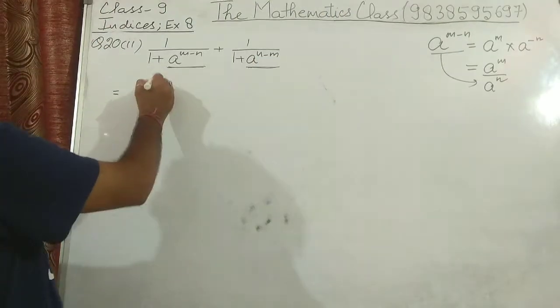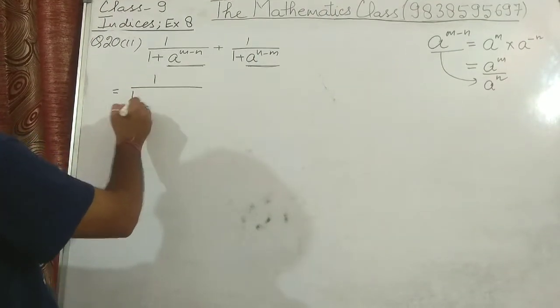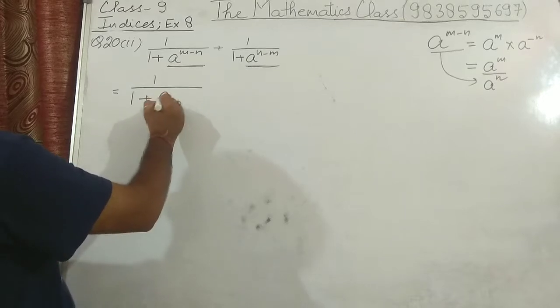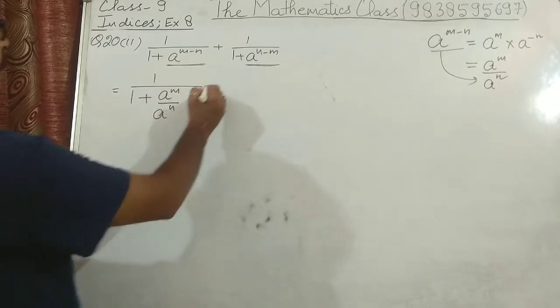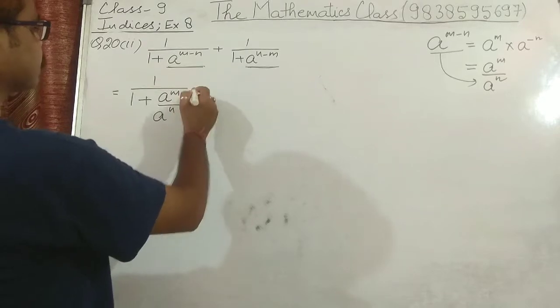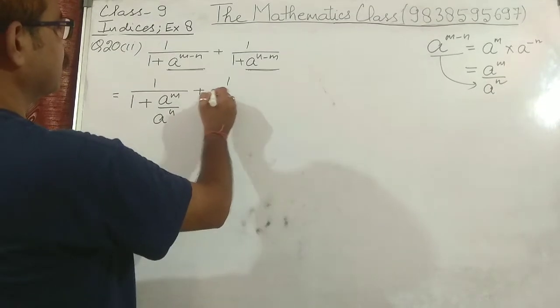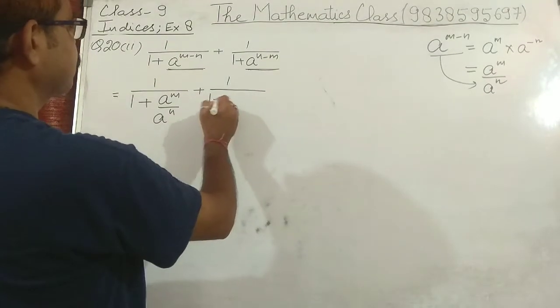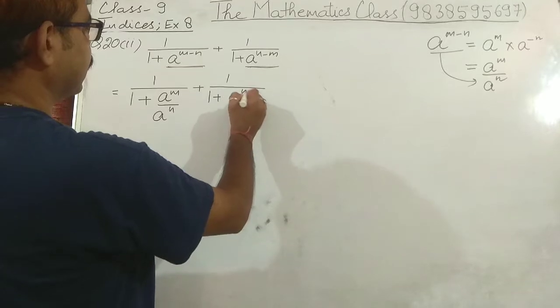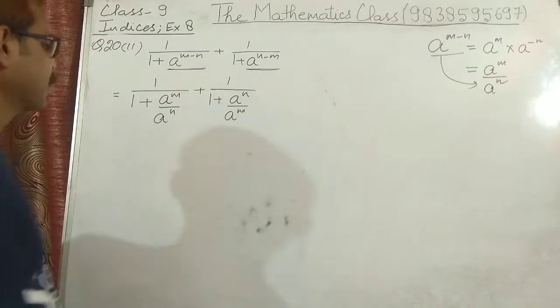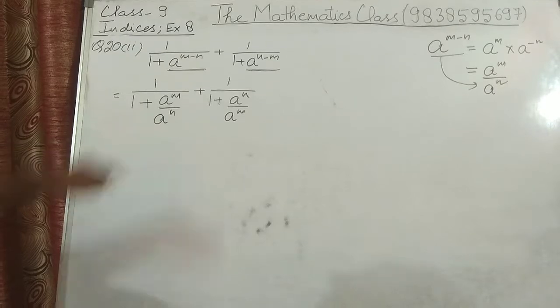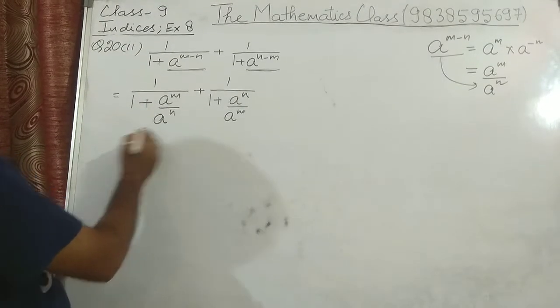So 1 upon 1 plus a to the power m upon a to the power n, plus 1 upon 1 plus a to the power n upon a to the power m. Now if you solve the denominator, this will become the LCM.